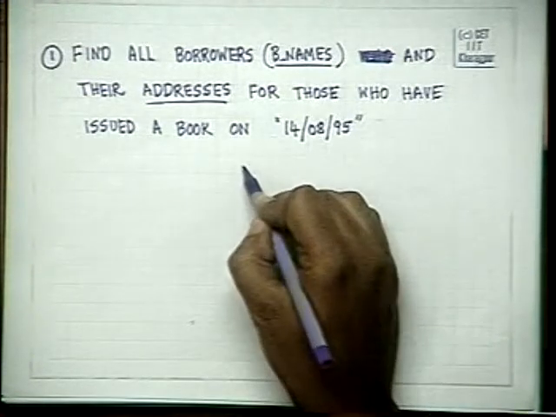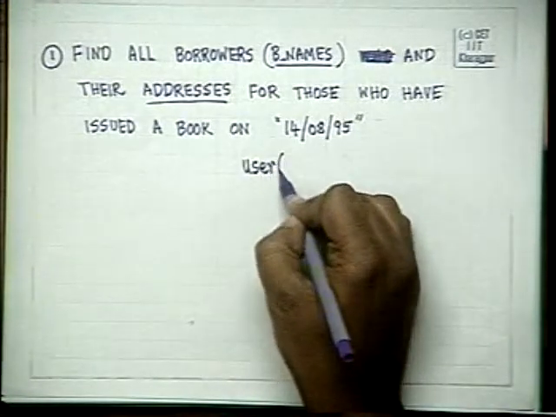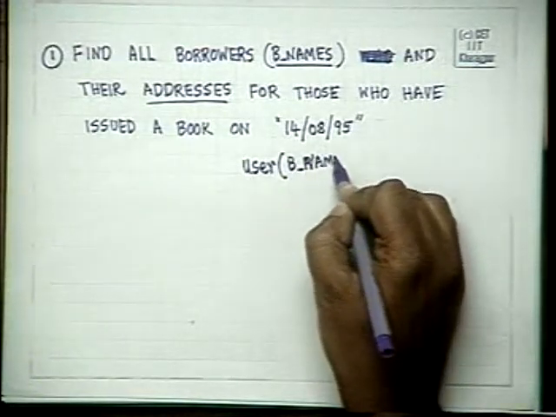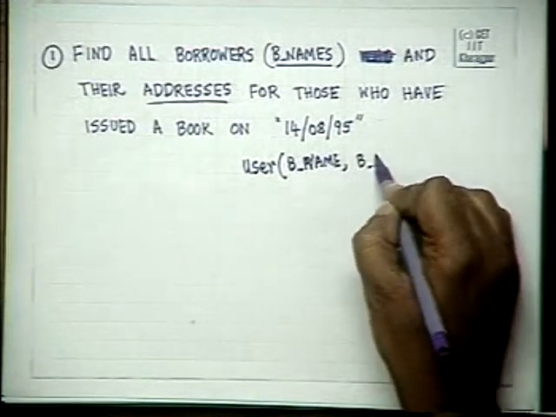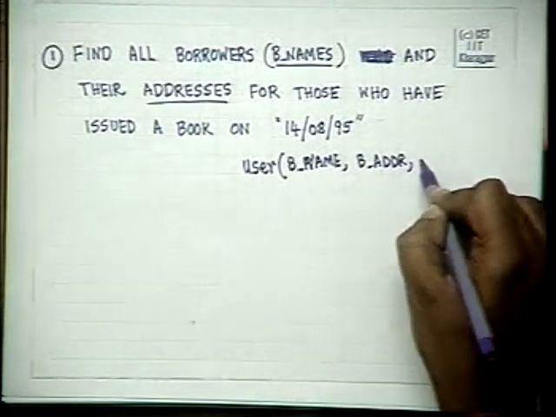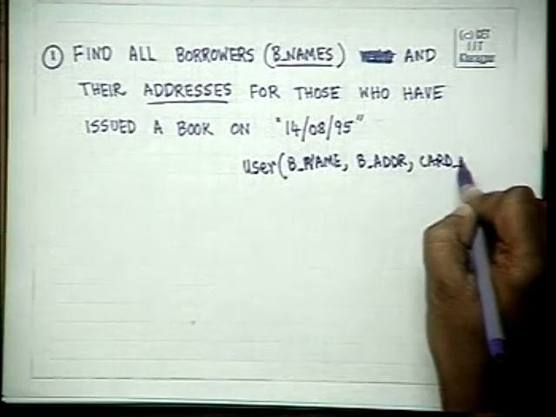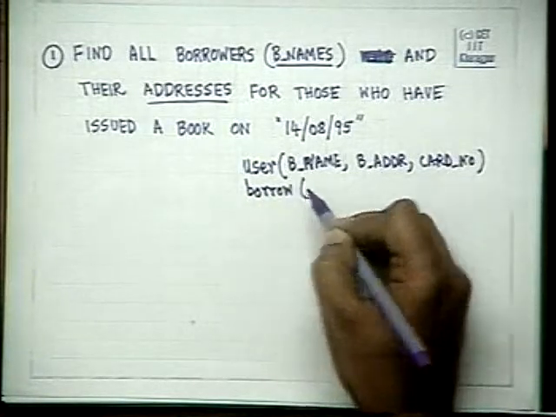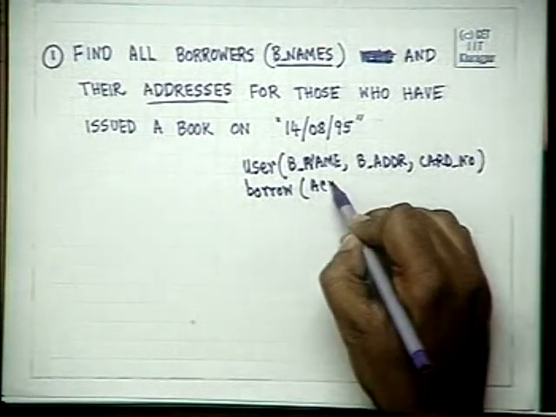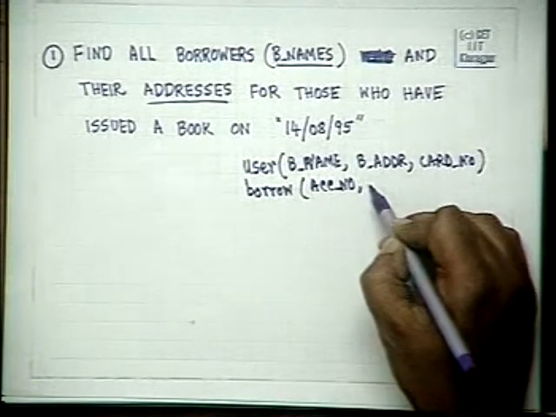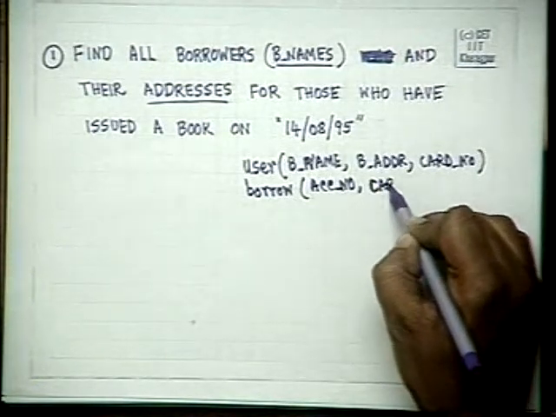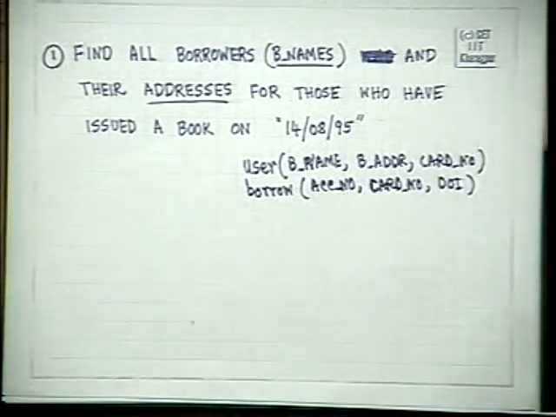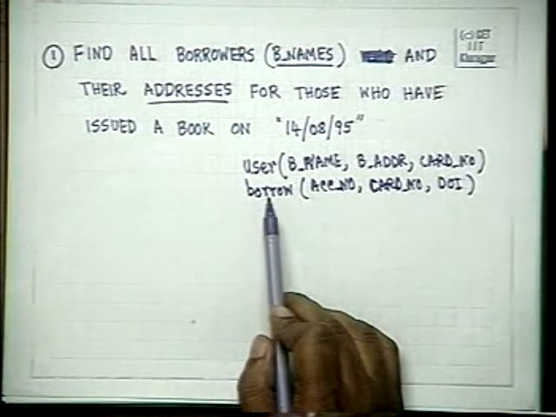We have got the user relation where we have got borrower name, borrower address and card number, and the borrow relation where we have got the accession number, card number and date of issue, and we will have to use both of them now.